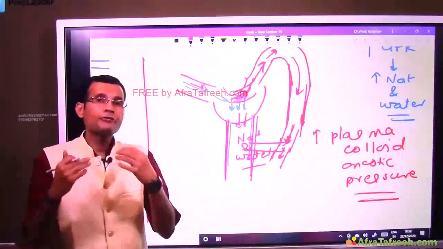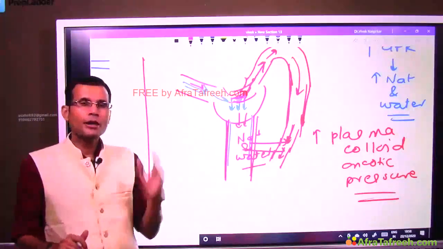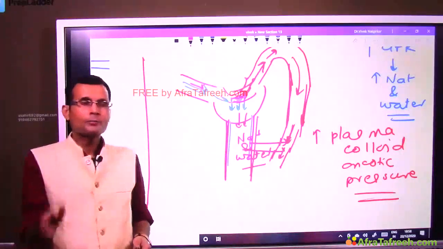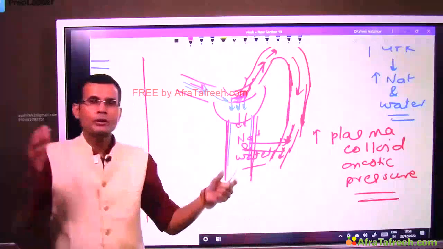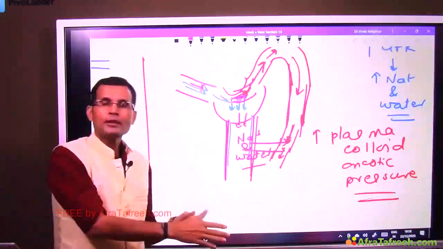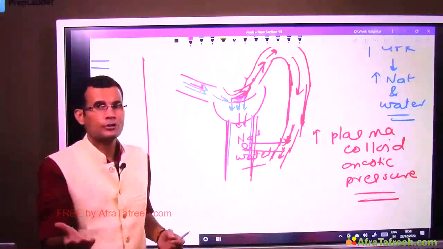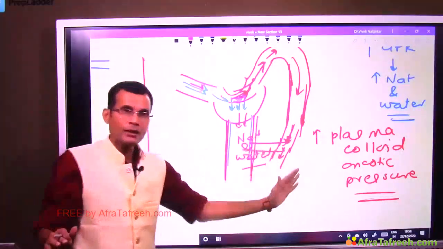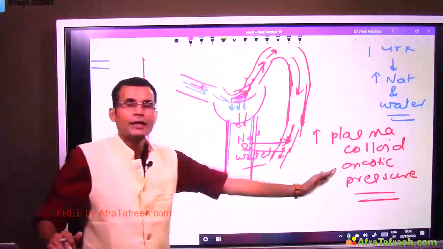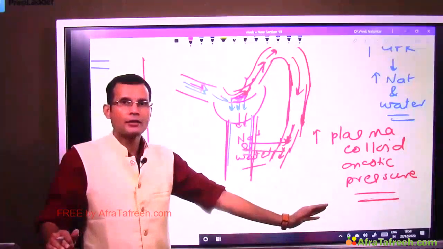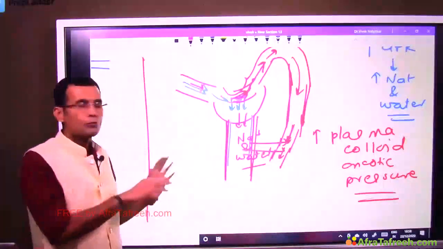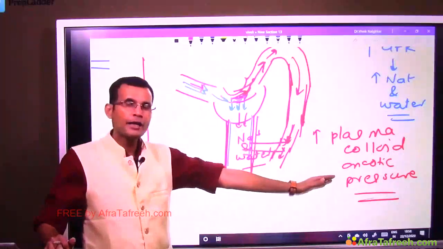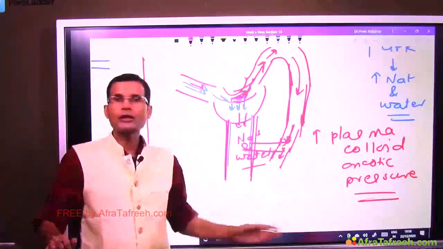And there is a mechanism called bulk flow or solvent drag. Look, normally wherever there is high sodium, water follows it through the semi-permeable membrane and we call it osmosis. Here water will move in bulk and sodium will be dragged, and that's called solvent drag, water being the solvent. So water and therefore sodium can be taken back into the blood, into the peritubular capillaries.